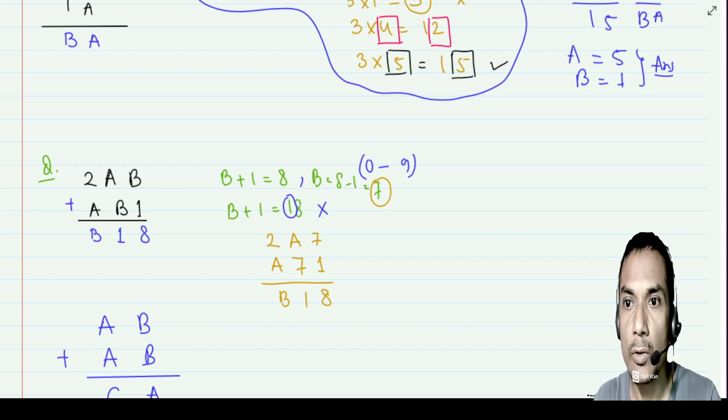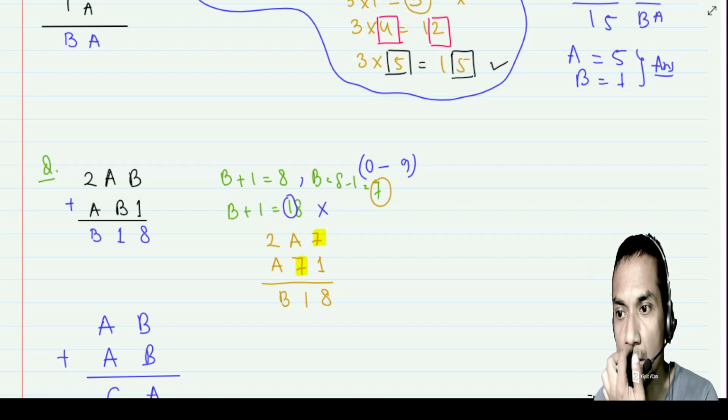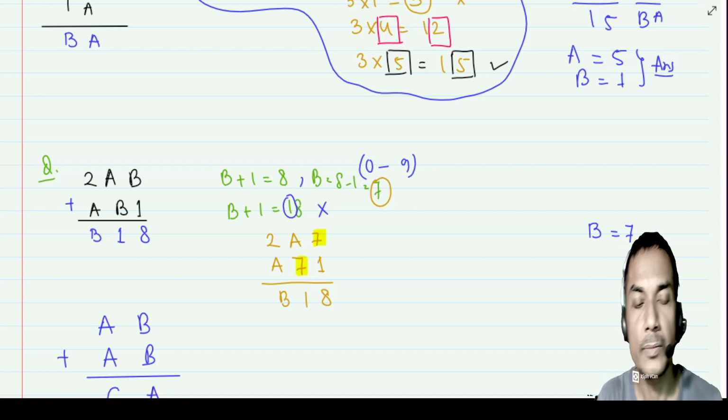So which value did we complete? This B. So the answer is B is equal to 7, correct.